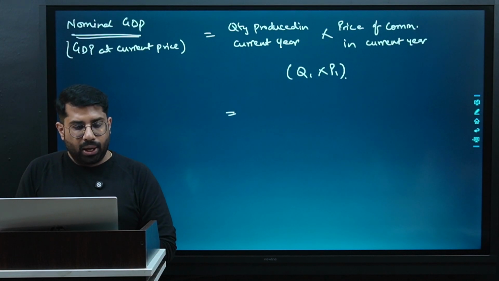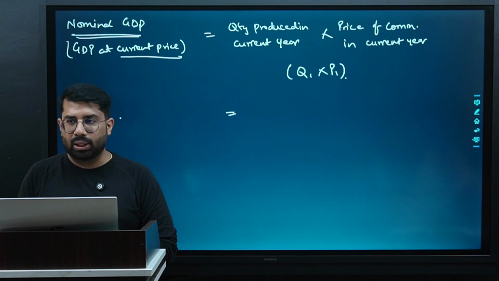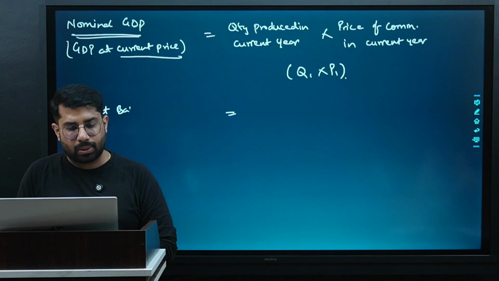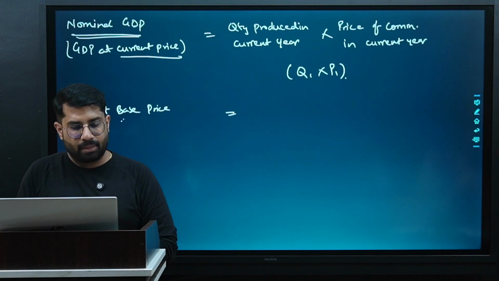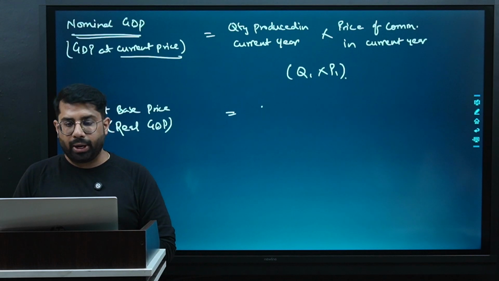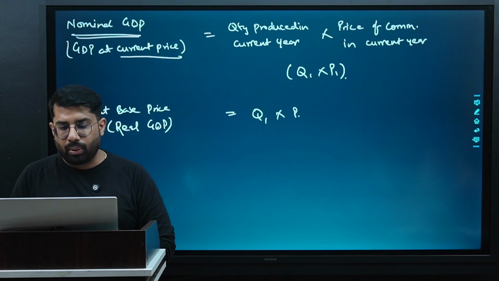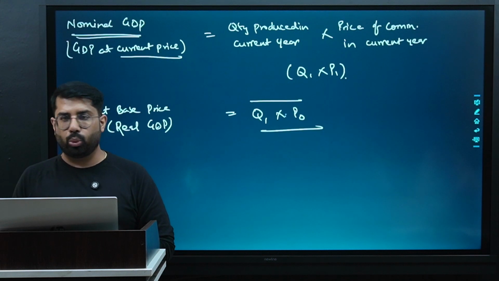The GDP you calculate at, this is current price, other will be base price. This will be known as real GDP. Okay, how will you calculate it? You will take quantity of current year only but price of base year, so P0 into Q1.